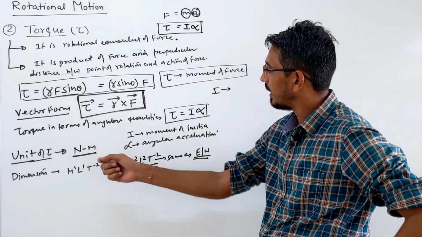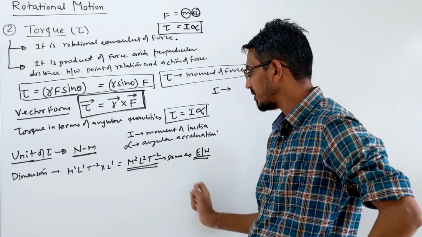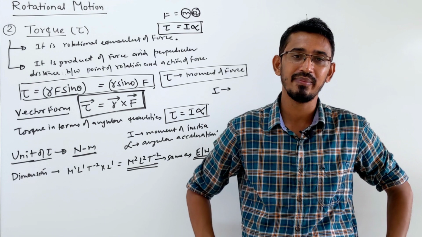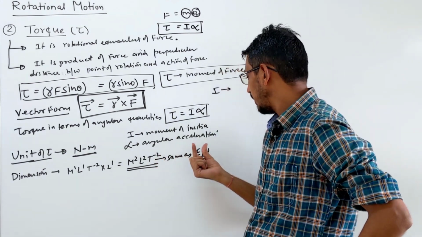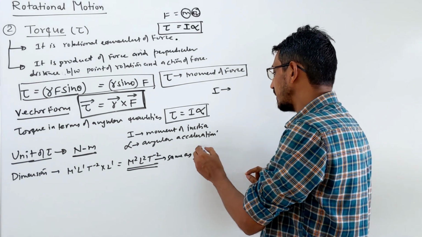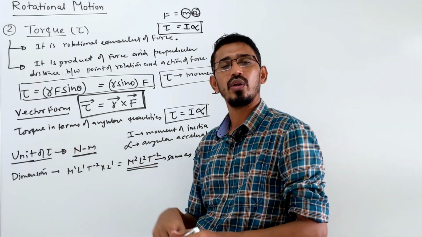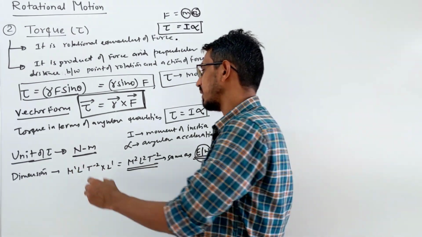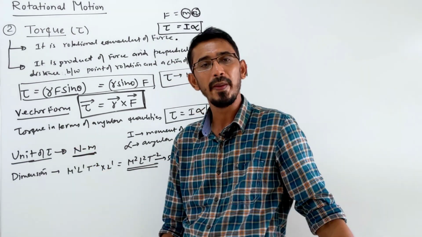So you cannot write joule for torque, even though the dimensions are the same. Torque, energy and work have the same dimension, but the joule in the SI system is reserved only for work and energy. For torque we write Newton meter, okay?